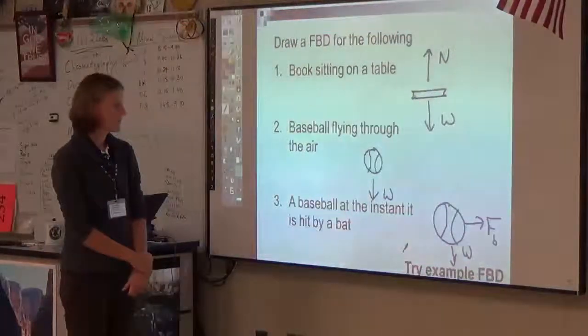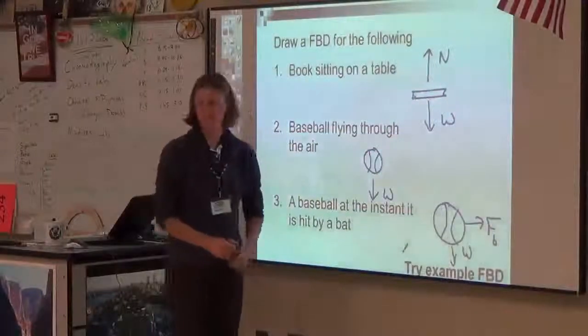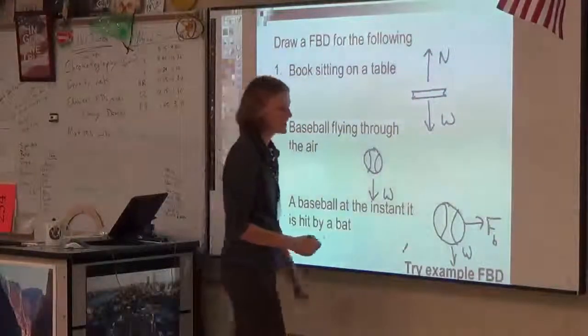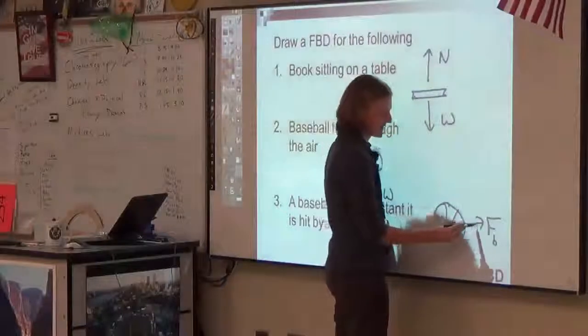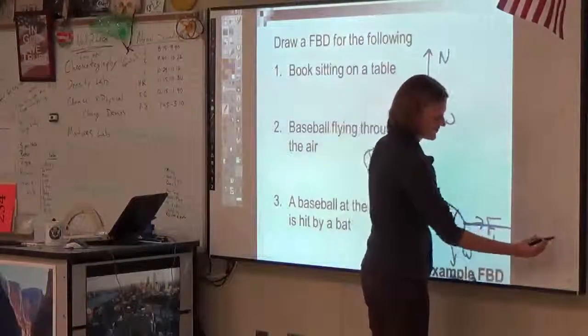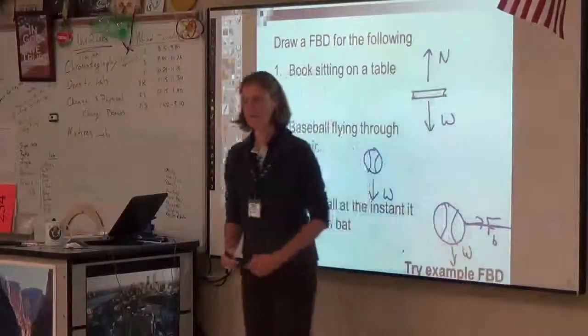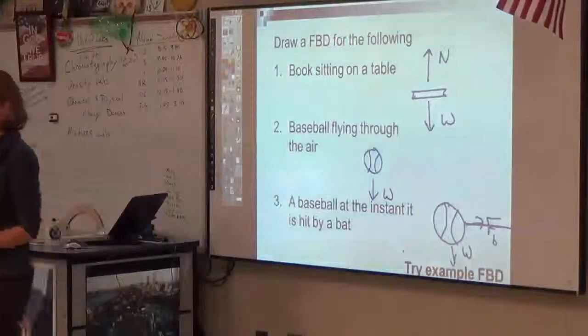I don't know, how hard was it hit? Yeah, likely it would be much bigger, you're right. There you go. You're right, I shouldn't talk about scale and then draw. Maybe it was just bunted.